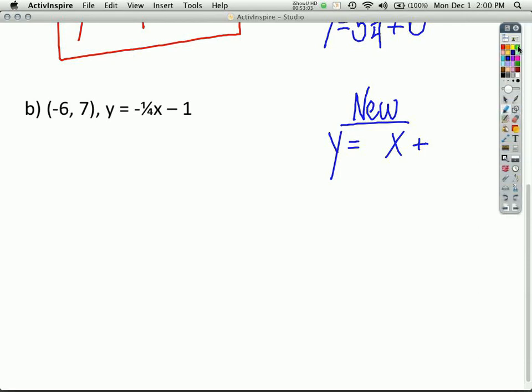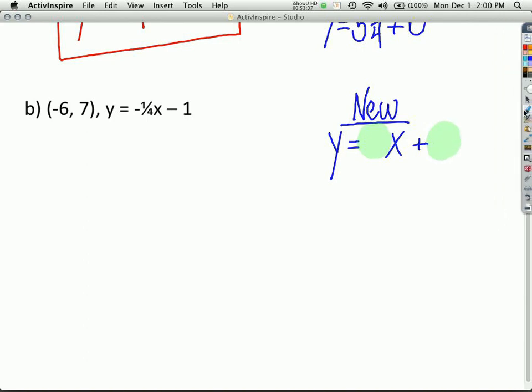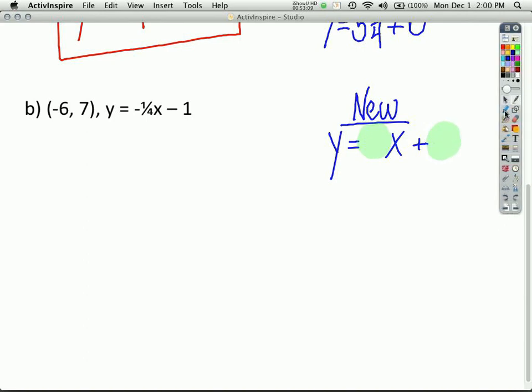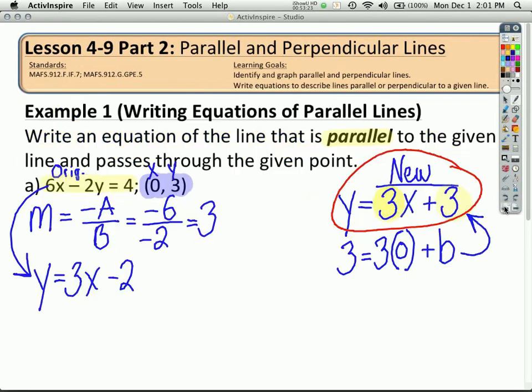And again, we are finding this, and we are finding this.